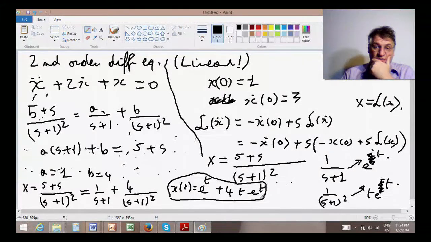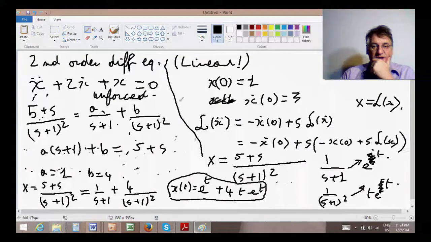about solving differential equations. So far, what we have was what we call unforced differential equations. Okay, they only have this x dot, x double dot that appear. But what if instead we had a forcing term, say a step?